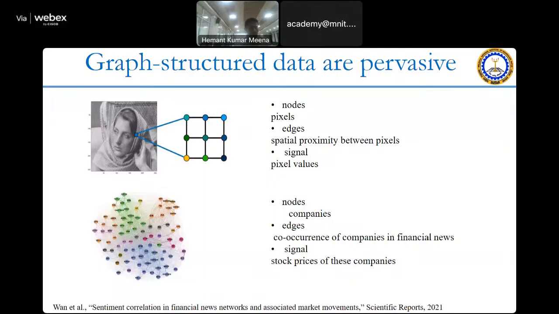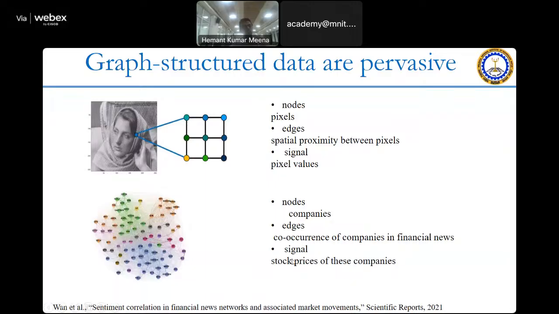It is basically a co-occurrence of companies in financial news. It may be that the product they are making is the same or related, then also we can say that they have an edge. Please remember that you need to define the edges as per your objective: what information do you want to extract from that signal?